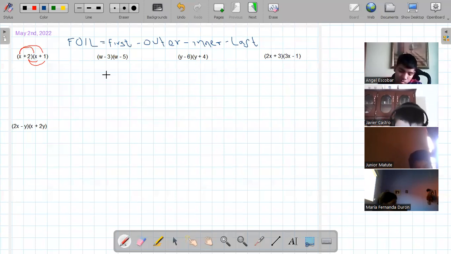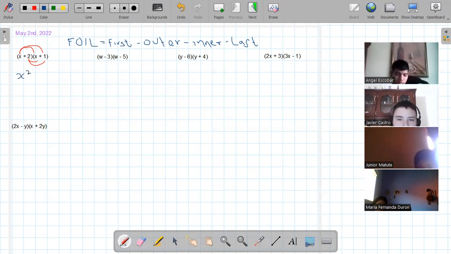How much is x times x? I'm multiplying, not adding. Exactly, Dana says that it is x to the second power. X times x is x to the second power.